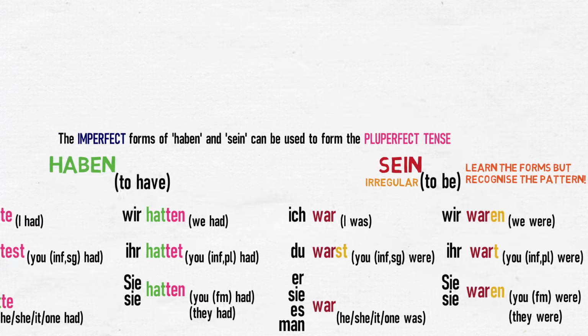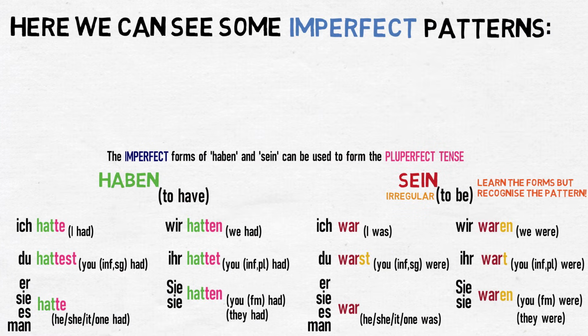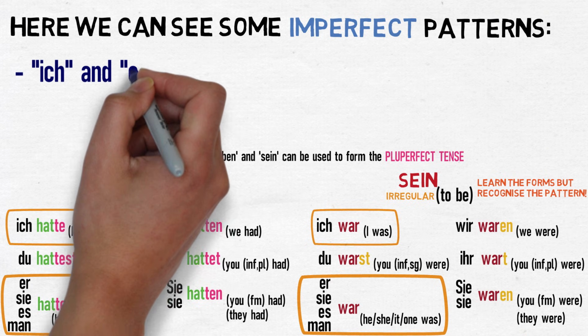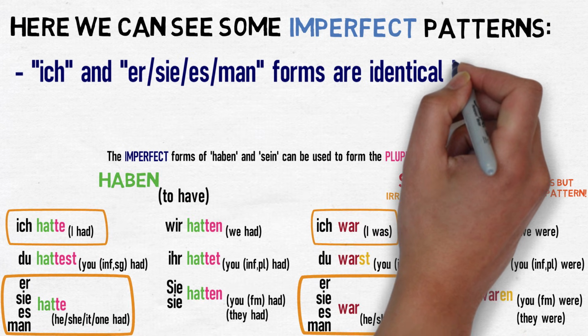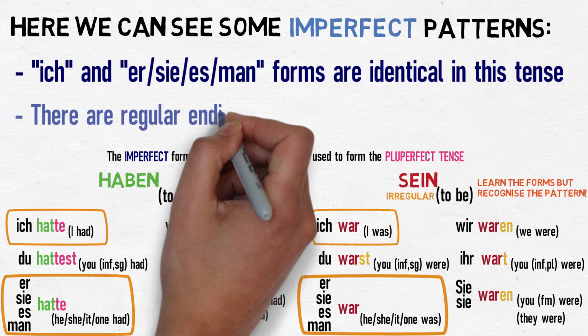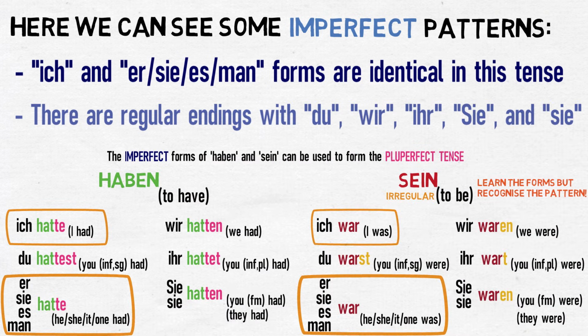Let's look at both verbs that we've covered so far so that I can provide a more visual explanation of the pattern. The first part of the rule is that the ich and the er, sie, es and man forms of the verb are identical in the imperfect tense. We can also see regular verb endings in the du, wir, ihr, Sie and sie forms of the verbs.